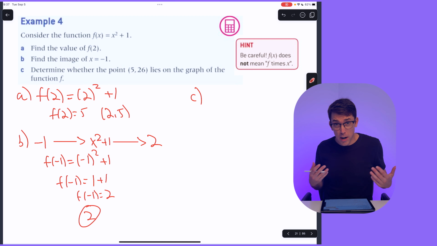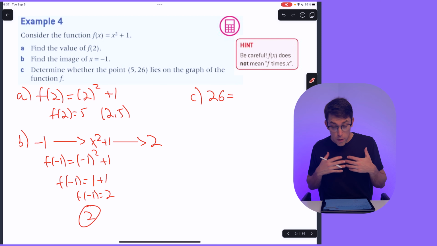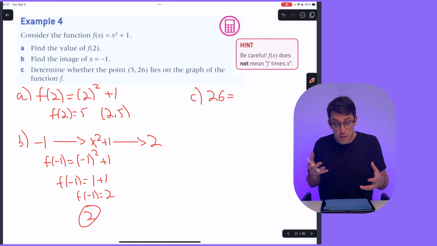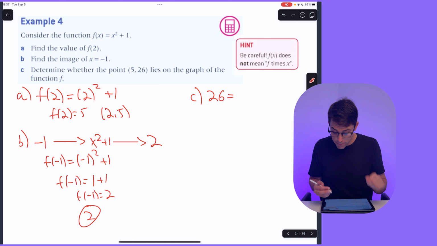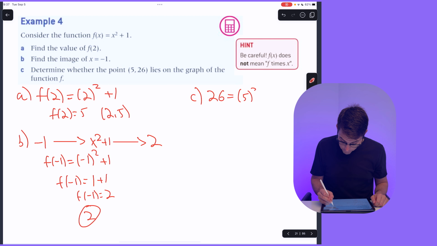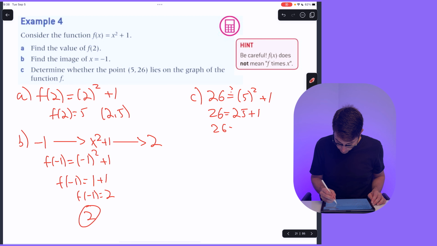So if 26 is our output, that's what this whole equation is equal to. We know that x squared plus 1 is the function we're dealing with, and we're going to be putting into that the x coordinate, which is 5. So I want to know if 5 squared plus 1 is going to equal 26.